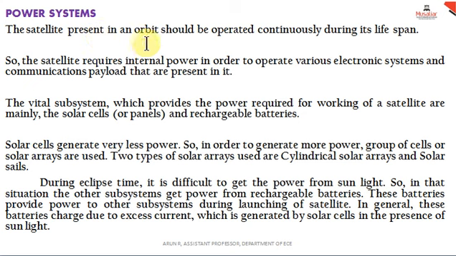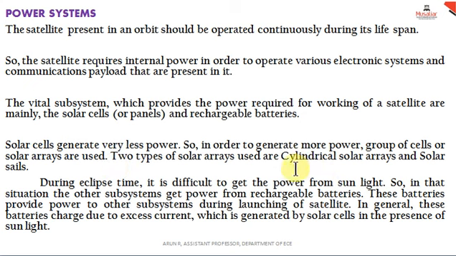Solar cells generate lesser power, so in order to generate more power, we require a group of cells or solar arrays. Sometimes, during eclipse time, it will be very difficult to get power from the sunlight, and in that situation it will get power from the rechargeable batteries. These are the major things about the power system.